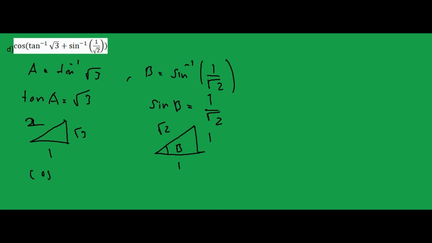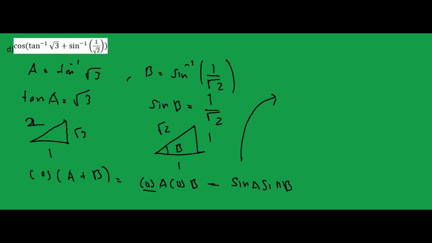So we replace it. Cosine of A plus B. So this is the addition formula. We're going to use the addition formula, which is cos A cos B minus, since this is positive, the formula will be negative, sine A sine B. So we continue here. What is cosine A?